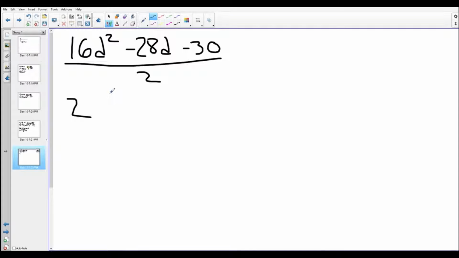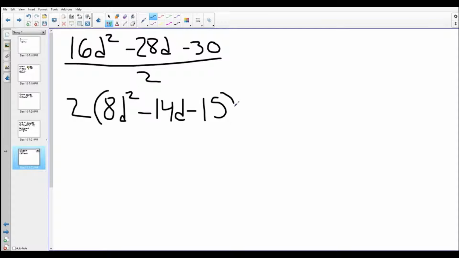So I would have a 2 here, then 16 divided by 2 would give me 8d squared minus, and then 28d divided by 2 would give me 14d, and then -30 divided by 2 gives me -15.